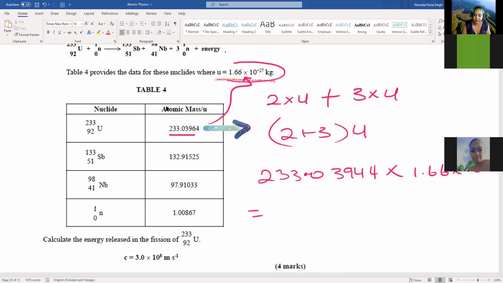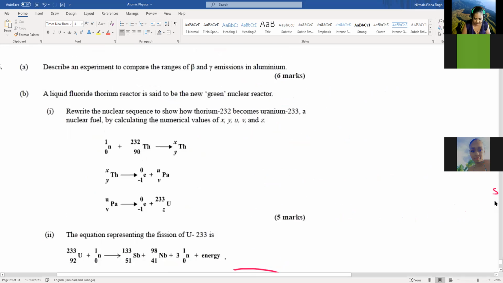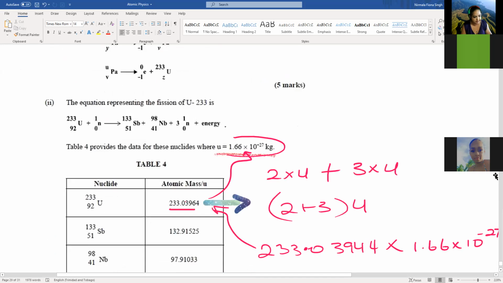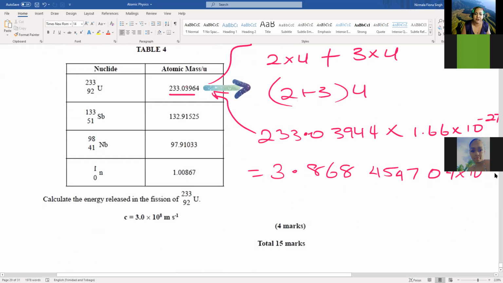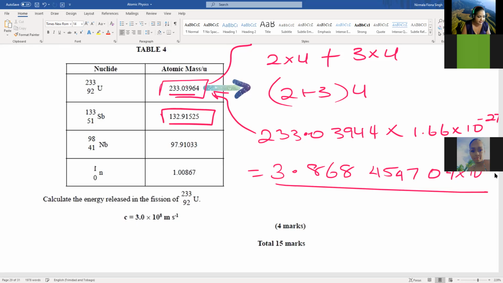All right, but look at the problem. If you go ahead and convert this to kilograms right away in the question, you're going to end up with a whole bunch of other decimal points, which is just going to give you a headache. You don't want to be going through all of this trouble. So what I would do if I were you, use your masses in terms of u first.